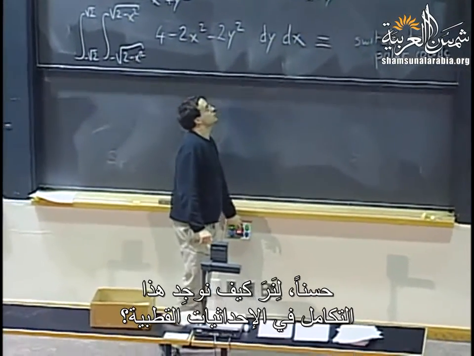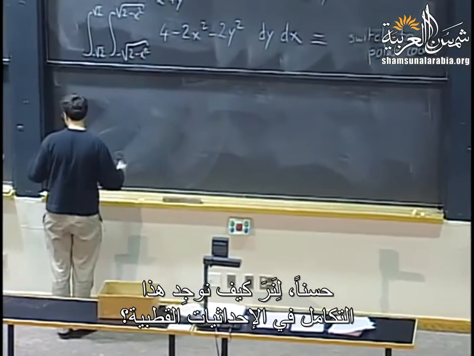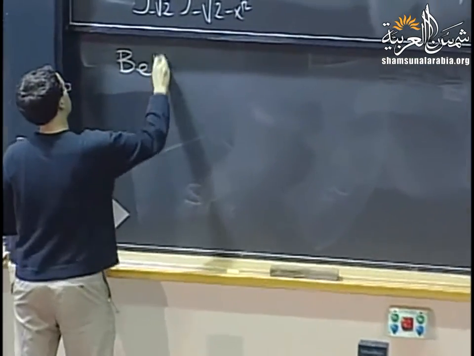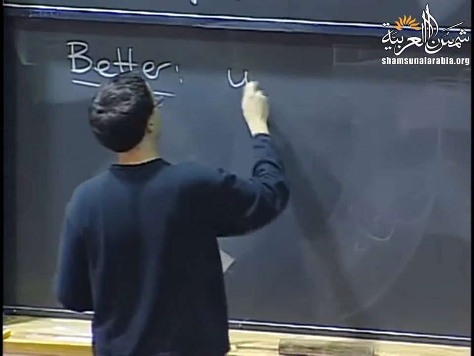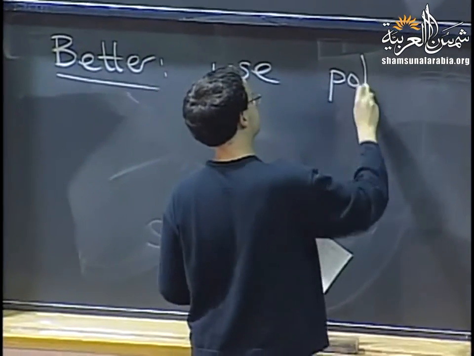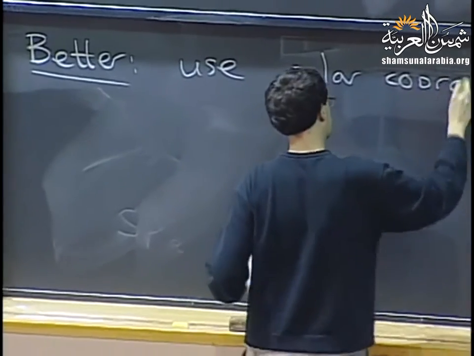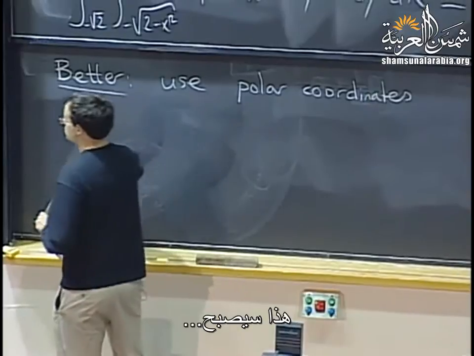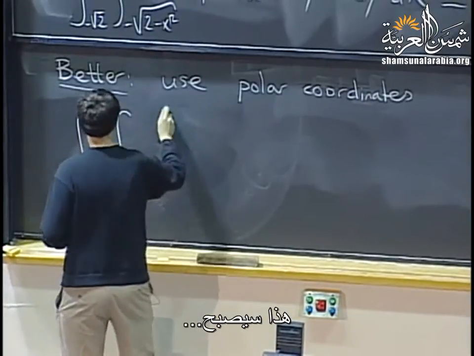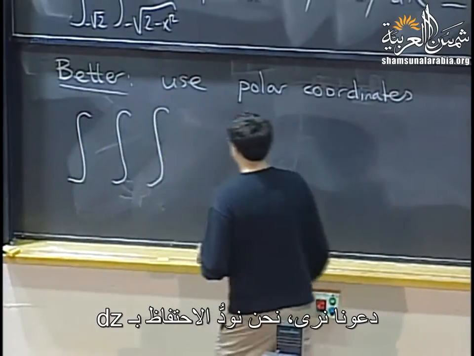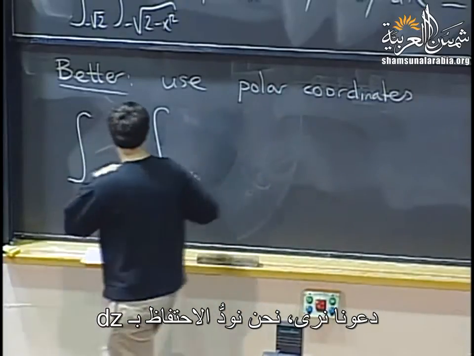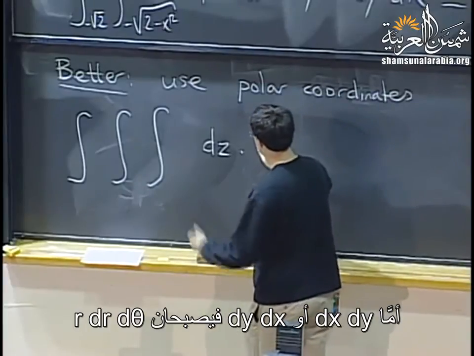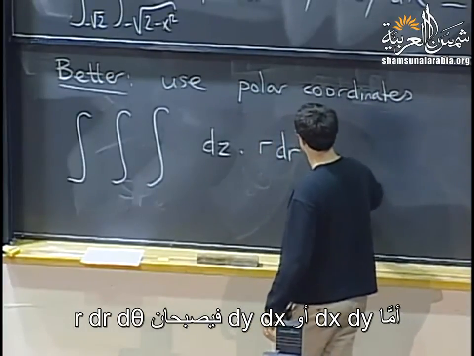Okay, so let's see. How do we do it with polar coordinates instead? I want to keep dz, but then dx dy or dy dx would become r dr d theta.